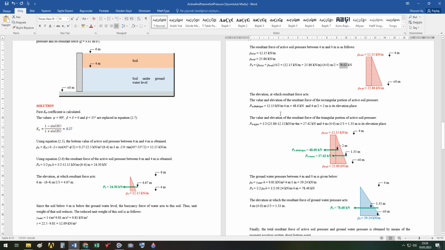Now here, only for the rectangular area, the resultant force is calculated, which is equal to the area of the rectangular portion. And this 27.42 is obtained from the area of the triangular portion. You can understand from the calculations from here easily.